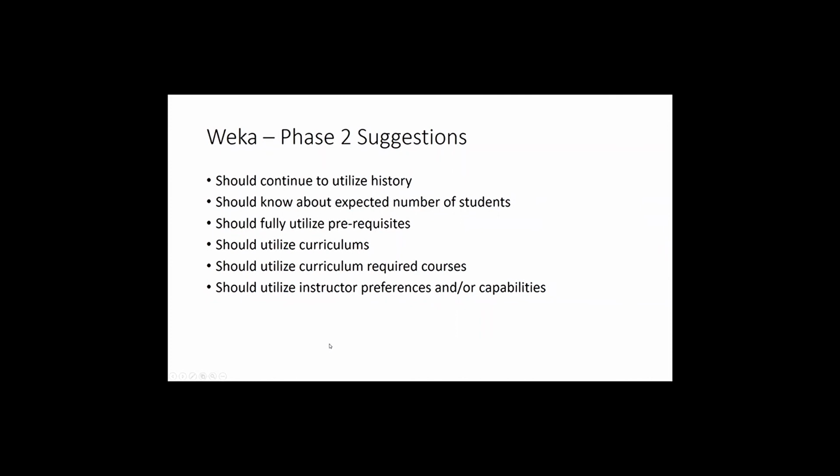Continue to use prerequisites, as well as understand what curriculums are and the ratio of students to curriculum, so that we can figure out how many courses to offer. So finally, the last thing would be the instructor preferences and/or capabilities. You don't want to assign an instructor to a course that he or she is not able to teach.